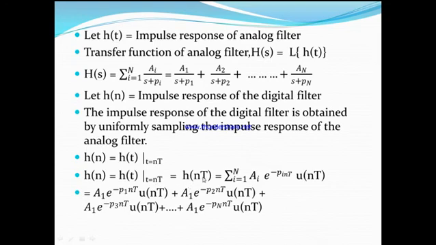So we can write h of nT equal to summation i equal to 1 to n, a i e power minus p i nT u of nT. On expanding this, we get a1 e power minus p1 nT u of nT plus up to an e power minus pn nT into u of nT.